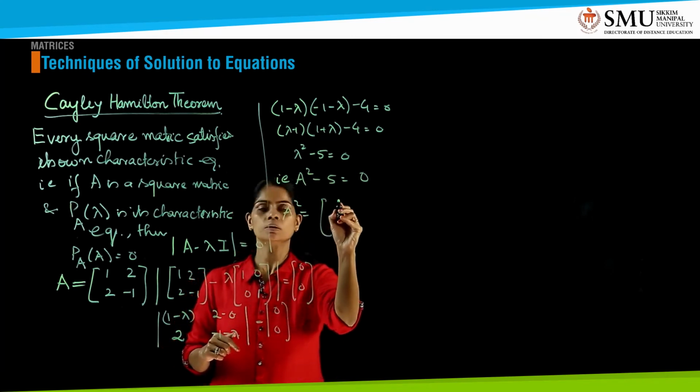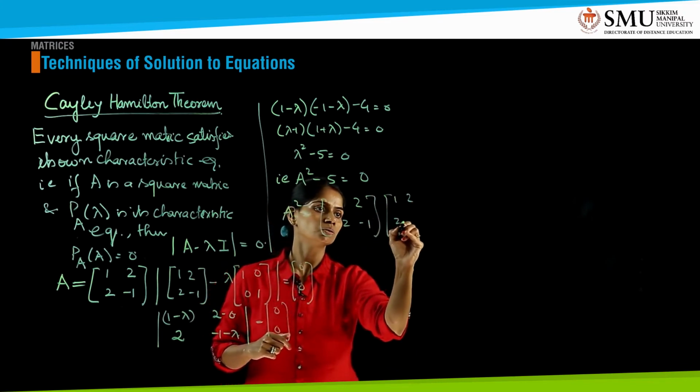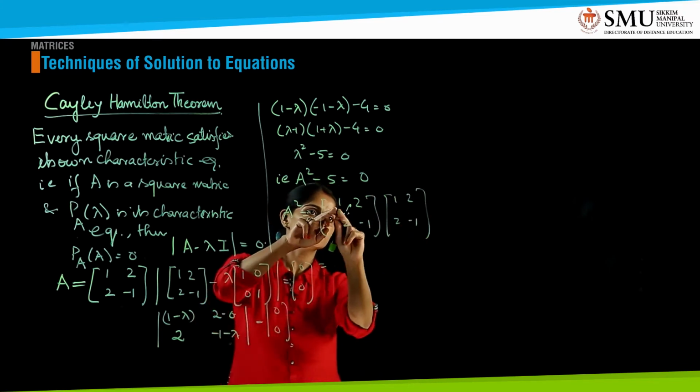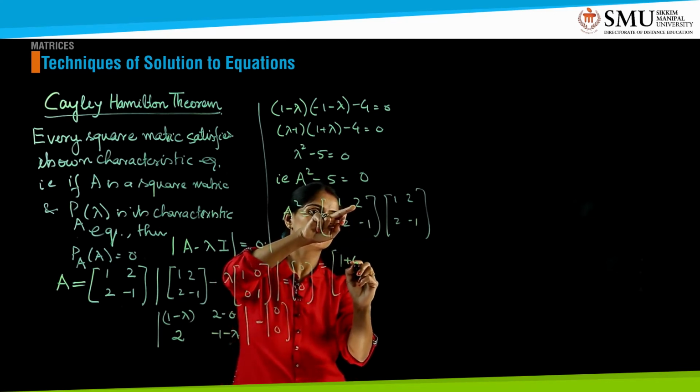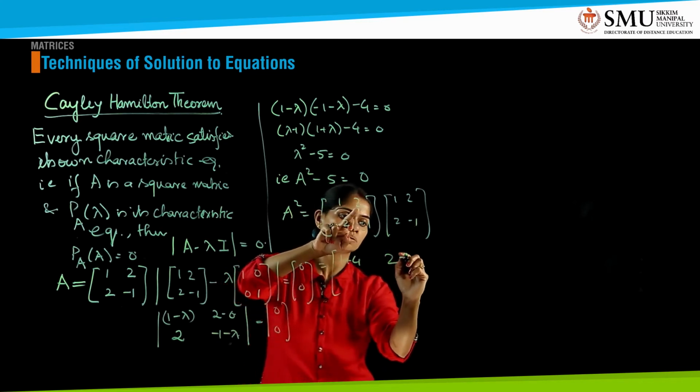A square means (1, 2; 2, minus 1) into (1, 2; 2, minus 1). So, this into this is 1 plus this into this 4, so 5.